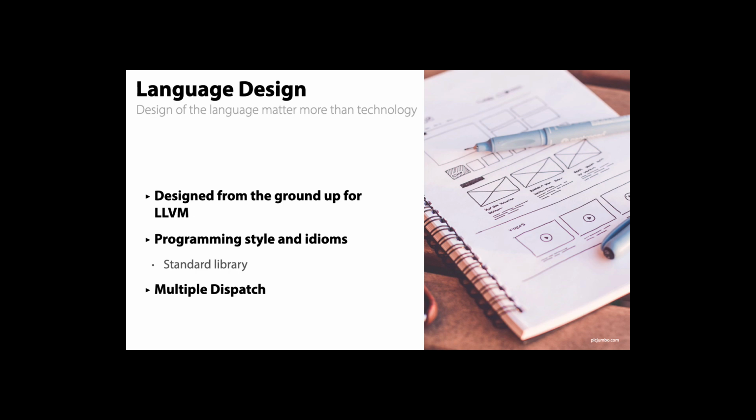And this is a key point to remember, because I see a lot of blogs and examples of people who take their Python code and do a very straightforward translation to Julia, and then they come back and complain that, oh, it didn't run any faster, or maybe it was even slower. The reason for that is that they take style and idioms that make sense in Python, but don't make sense in Julia if you want to write high-performance code.